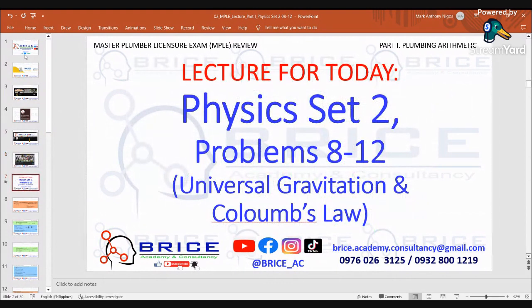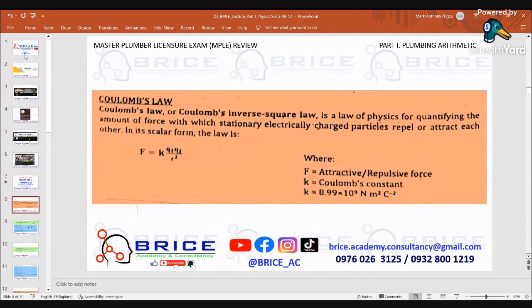Okay, let's start. Problems 8 to 12, Universal Gravitation, and Coulomb's Law. Two topics. Coulomb's Law, or Coulomb's inverse square law, is a law of physics for quantifying the amount of force with which stationary electrically charged particles repel or attract each other.